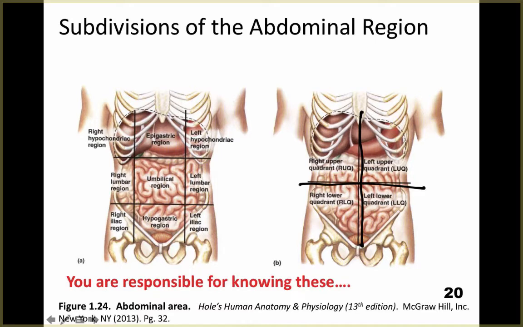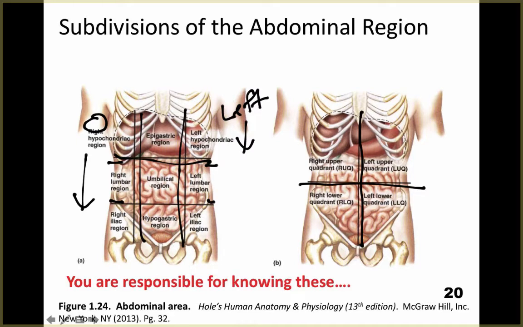But then they go even more specific, into this tic-tac-toe kind of shape, where the right is on this side and the left is on this side because of anatomical positioning. On the top, left and right, you have the hypochondriac. Then you have the lumbar region, which is towards the lower back, but we're looking at the area in front of it, right?